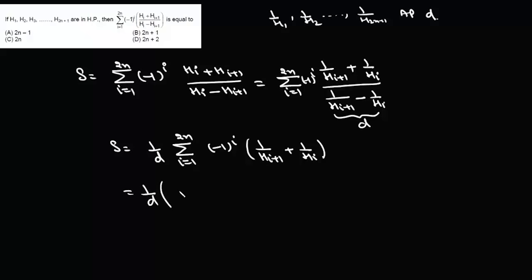If we put i as 1, we get minus 1 upon h_2 minus 1 upon h_1.